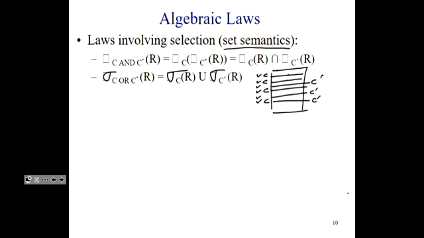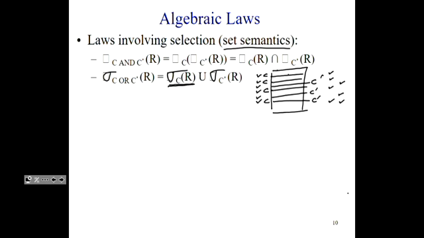Correct? And if instead I did sigma of C of R union sigma of C prime of R, let me first work out sigma of C of R. That would be just this one, skip this one, and this one. Similarly, sigma of C prime of R would be this one and this one.